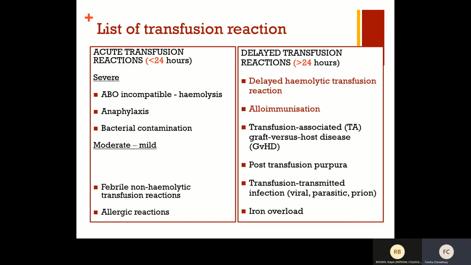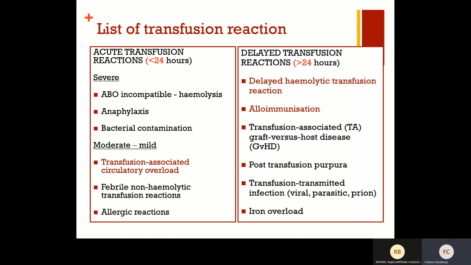And for our sickle patients in particular, delayed hemolytic transfusion reaction and alloimmunisation is a problem. And for anyone who's needing transfusion, we must always remember that transfusion-associated circulatory overload, or TACO, is a preventable condition, and that all patients should be risk assessed for risk factors for TACO before transfusion commences, because the prevention is simple.